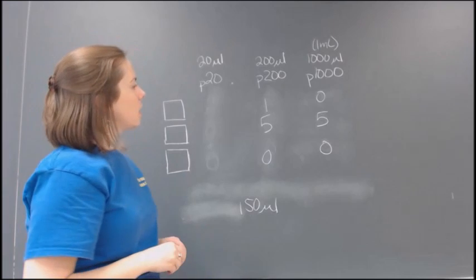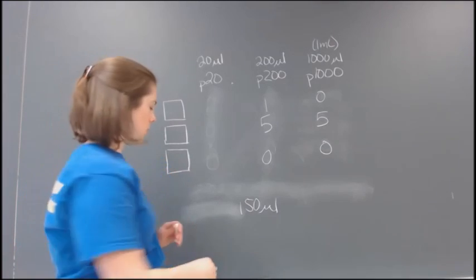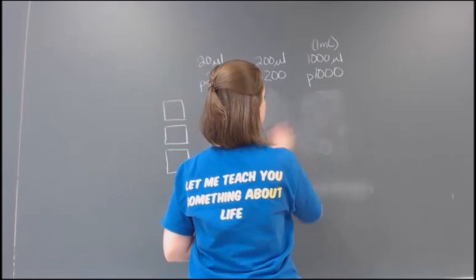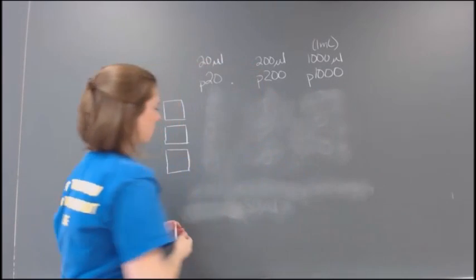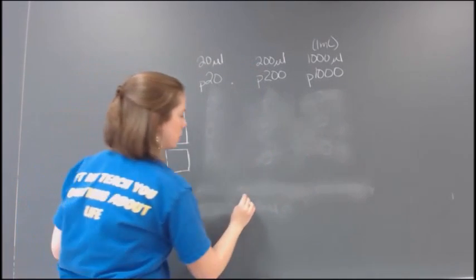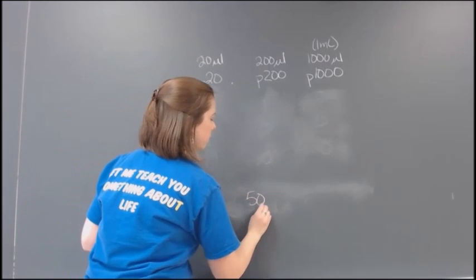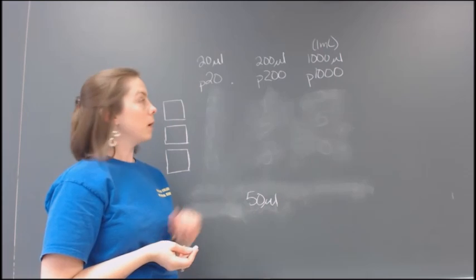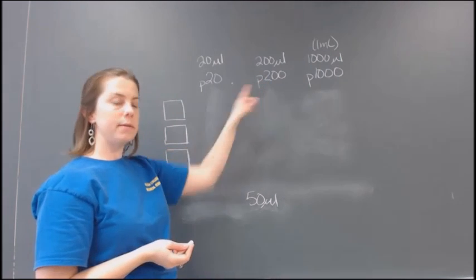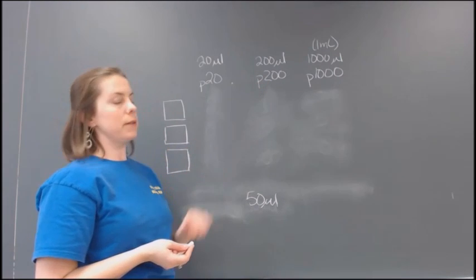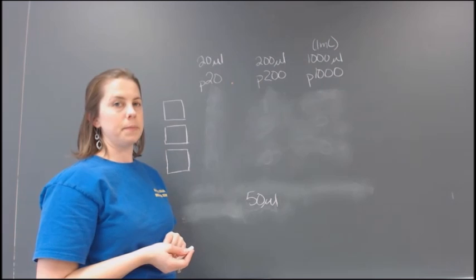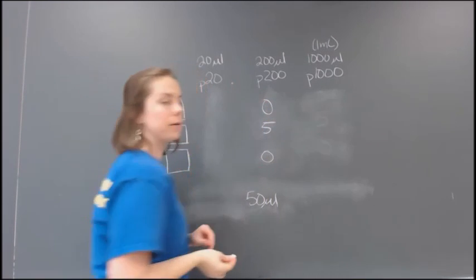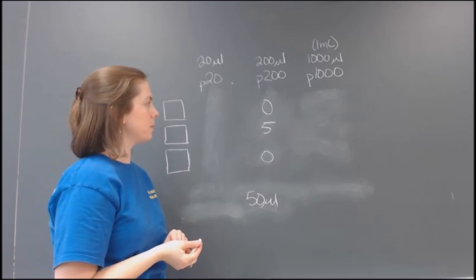Let's just check our pipette choosing a couple more times. What if we wanted to measure 50 microliters? Which pipetter would we use? We'd use the P200. And what would the numbers read on the side of the pipetter? They should read 0, 5, 0 to measure 50 microliters.